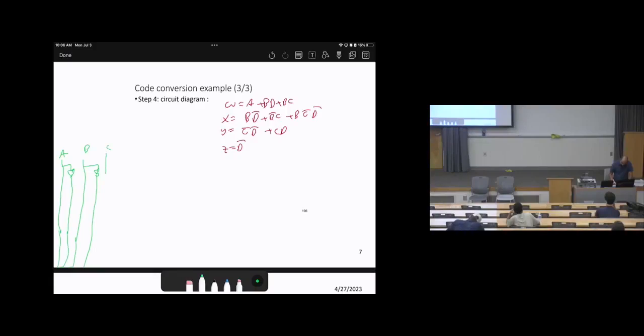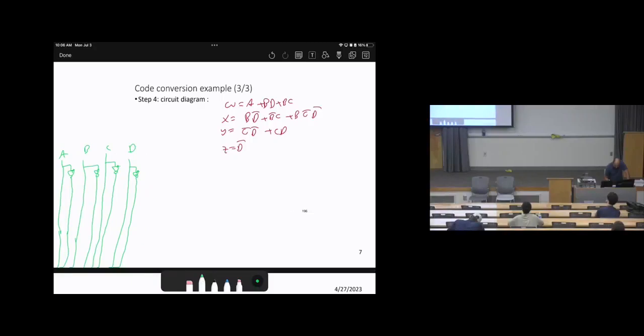Here is C, then C bar. Then the last one, D, here is D bar. So we have 4 outputs. We have the outputs W, X, Y, Z.